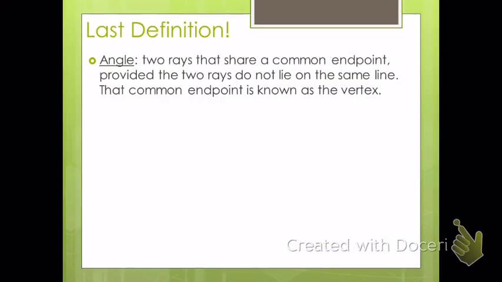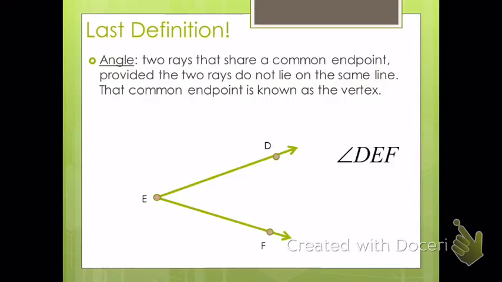And then the last definition is an angle. Two rays that have a common endpoint, provided that the two rays do not lie on the same line, and that common endpoint is also known as the vertex. To name an angle, we could call this angle DEF.